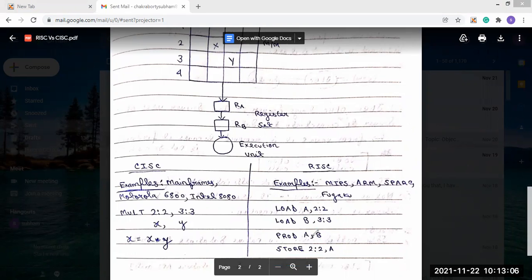After that, we have to do the product between A and B. The product is done in the execution unit.